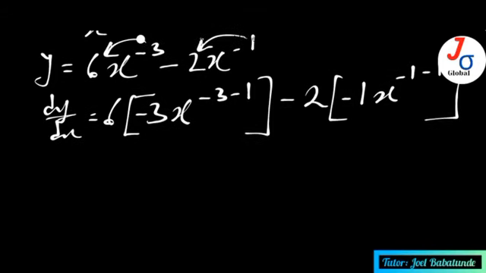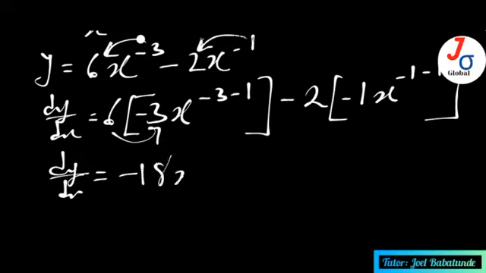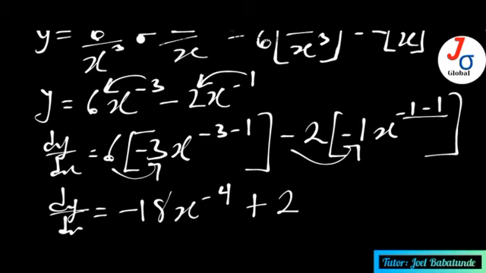And so what do I have? I have dy/dx equals 6 times minus 3 is minus 18. That's minus 18x raised to the power of minus 4. Then minus 2 times minus 1. Minus times minus is plus. 2 times 1 is 2. And then x to the power of minus 2.